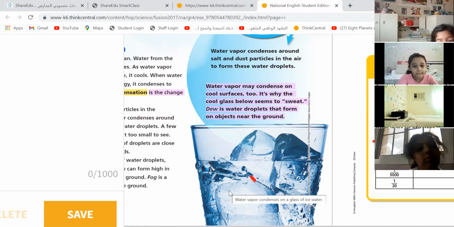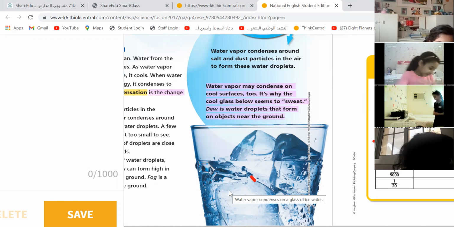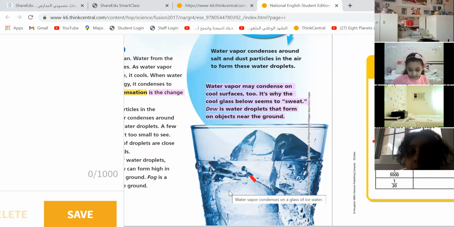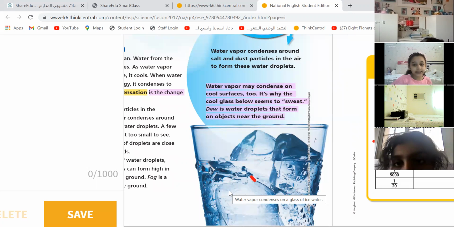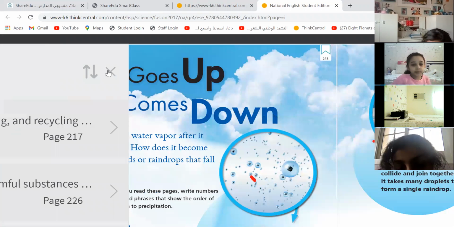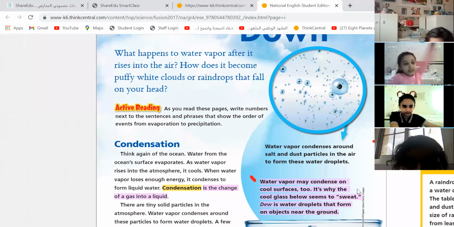So it looks like sweat, but what happens is when a very cold surface touches a hot surface, or let's say a room temperature surface, it will form droplets of water because the air contains water vapor or gases. So when you put the cold surface next to the hot surface, what is going to happen? The water will condense.